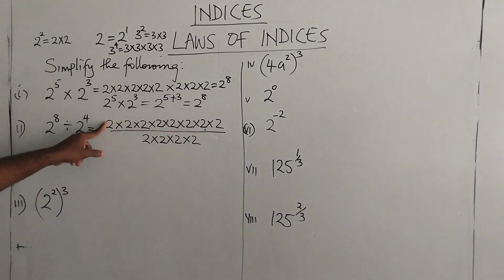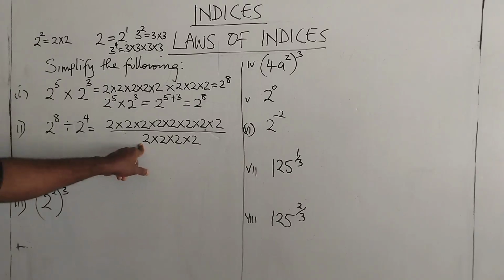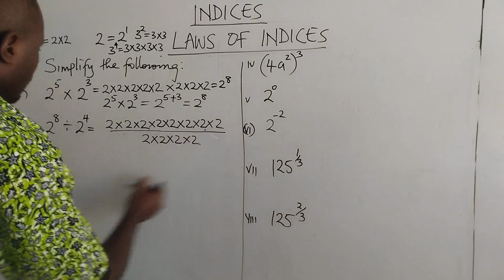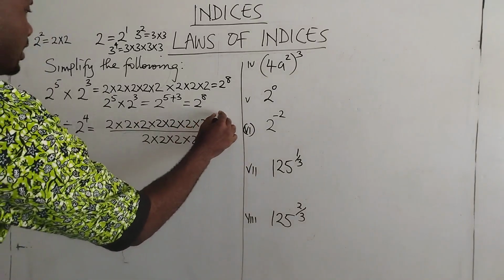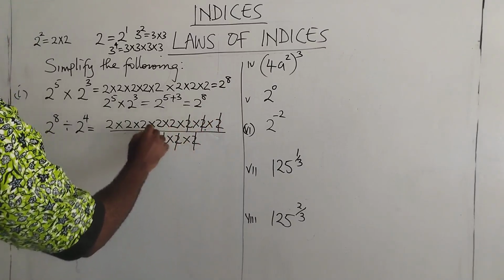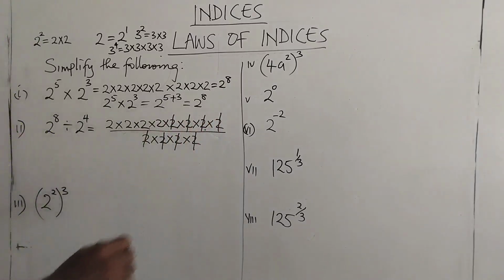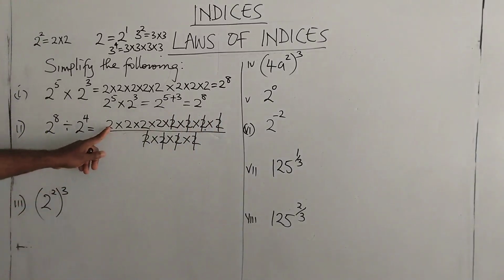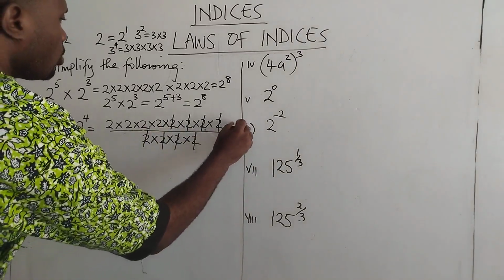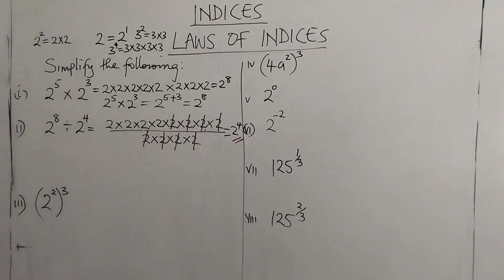So 2 into 8 places divided by 2 into 4 places. Now, you divide. This will cancel this, this will cancel this, this will cancel this, this will cancel this. So at the end, you have 1, 2, 3, 4. So you have 2 raised to the power 4 as your answer.